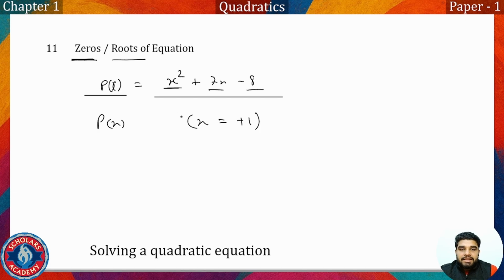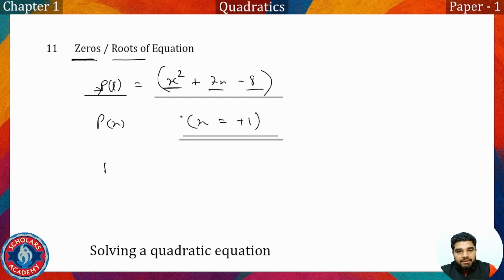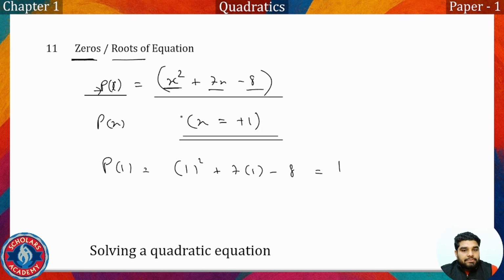If I substitute this value into this equation, and the complete equation becomes 0, then I will say that this value of x is the zero of this polynomial equation, in this particular case a quadratic equation. So if I substitute x is equal to +1, p of 1, what will I get? Square of 1 plus 7 times 1 minus 8. This gives us 1 plus 7 minus 8, that is 8 minus 8. This is a 0.